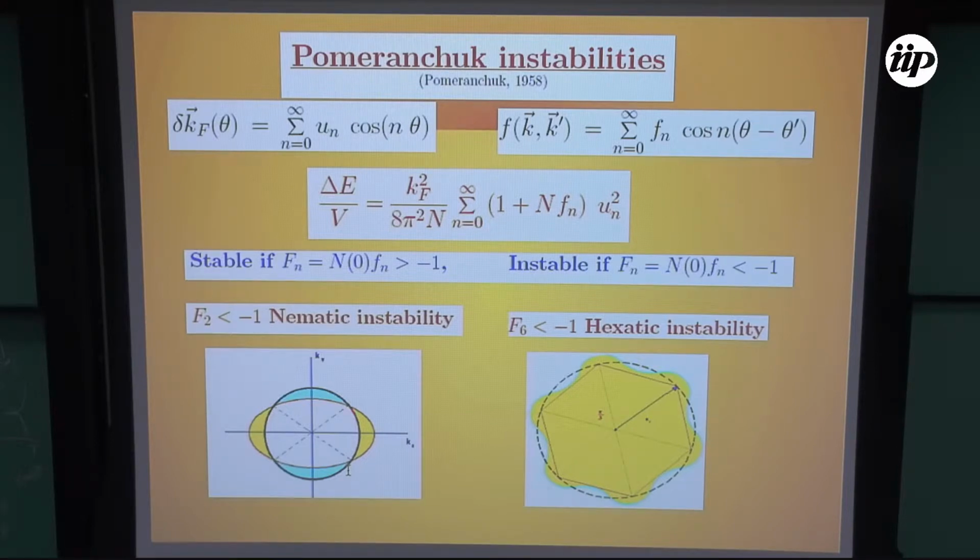For instance, this is what we call the isotropic nematic transition, and it's related with F2, where the symmetry is cosine of 2 theta. It's an ellipse. If you take a Pomeranchuk instability in this channel, F6, you have an exotic instability, where the residual symmetry is to change the angle by pi over 3, essentially. This is the physics of the instability.